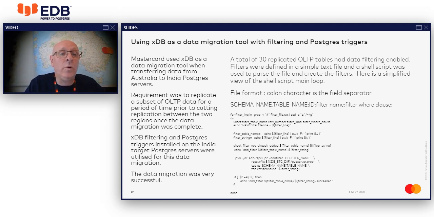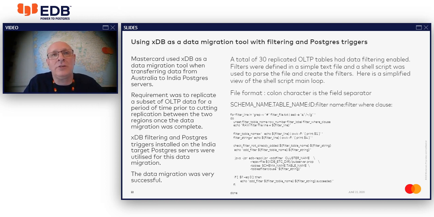So what we did was use XDB filtering and also Postgres triggers. XDB filtering works well. On the OLTP tables, we typically filtered on, say, a currency code or a country code. When XDB read the data from the WAL stream, you've got to remember the filter is basically a where clause.